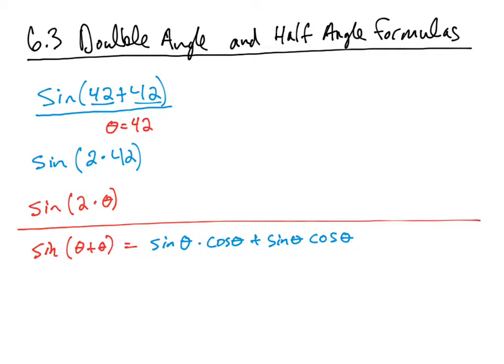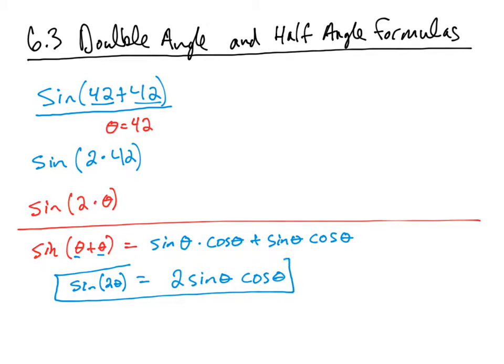And everything is theta because the first angle and the second angle are the exact same. When we simplify, we get 2 sine theta cosine theta. This is what we call the double angle formula for sine.